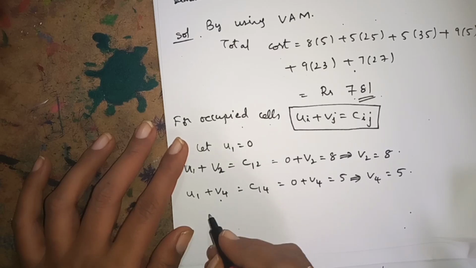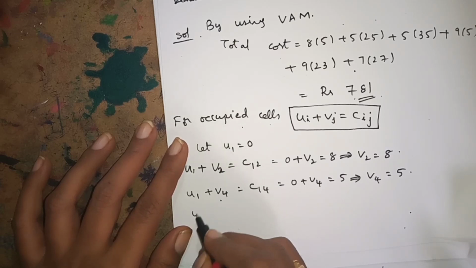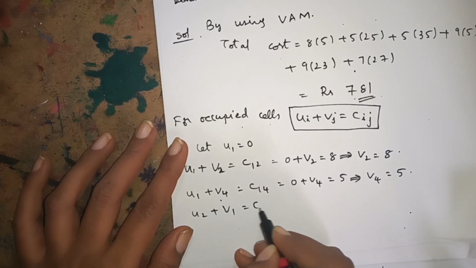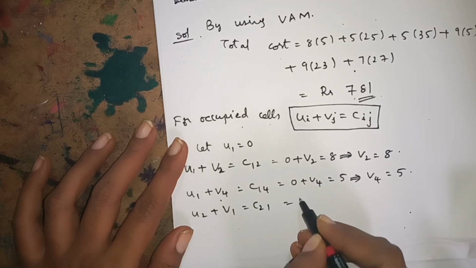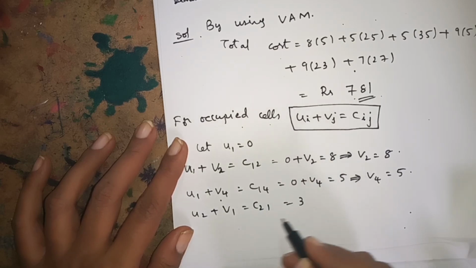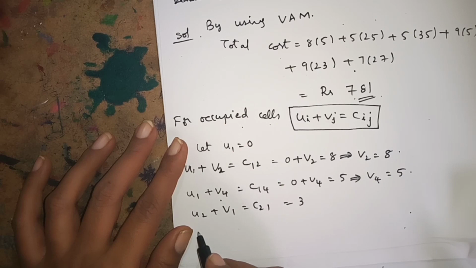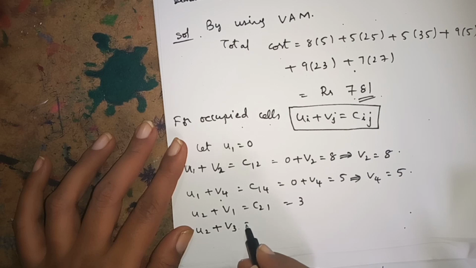In the same way, the remaining we can find. U2 plus V1 is equal to C21. Do you know U2? We don't know U2, we will find it later. Next occupied cell is U2 plus V3 is equal to C23. Do you know U2? We don't know.